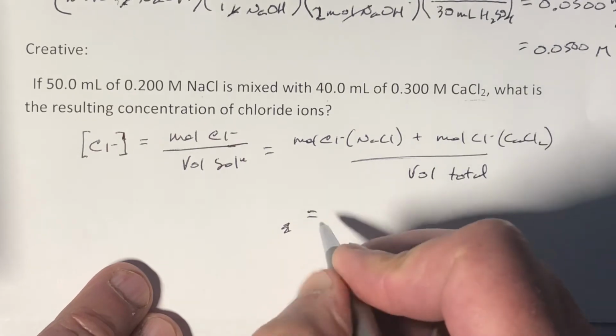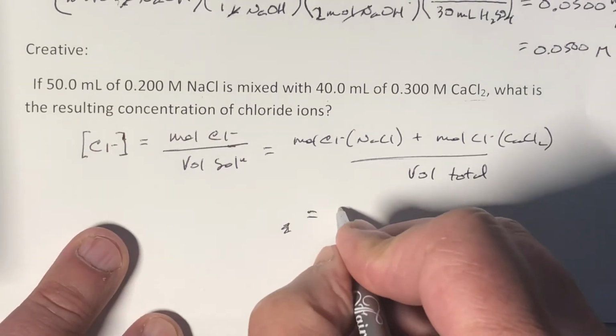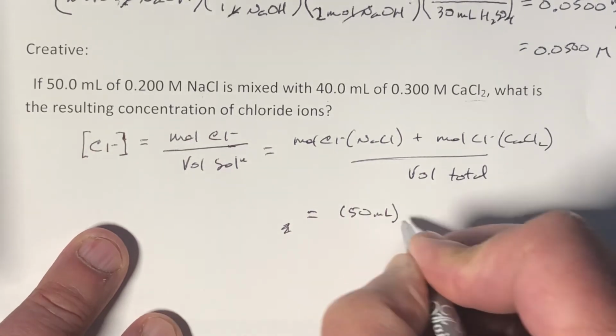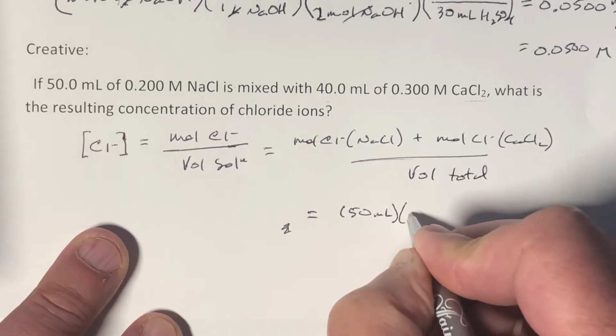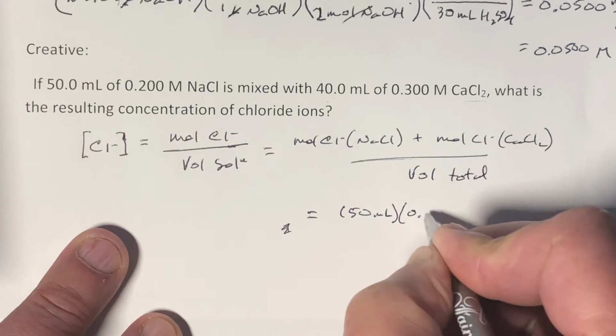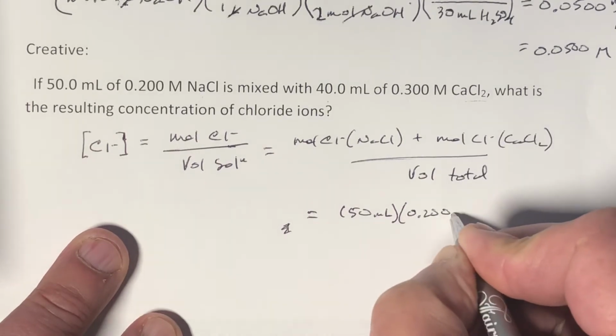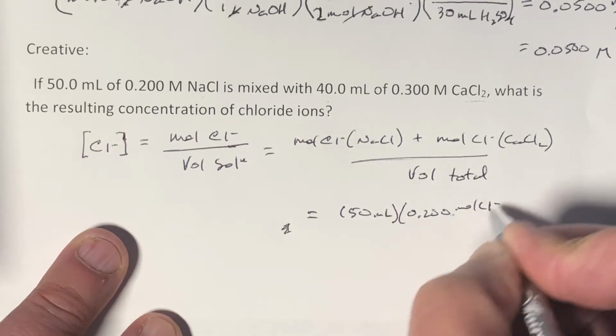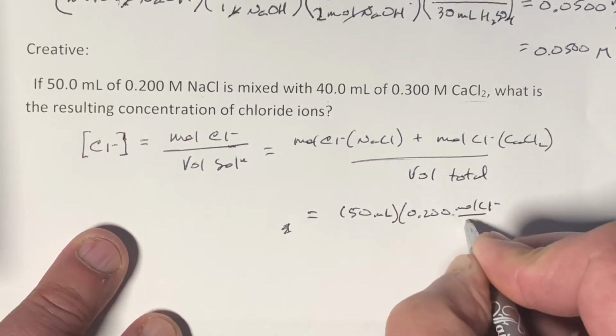So the moles of chloride from the sodium chloride, that's going to be my 50 mL times 0.2 molar, moles chloride per liter.